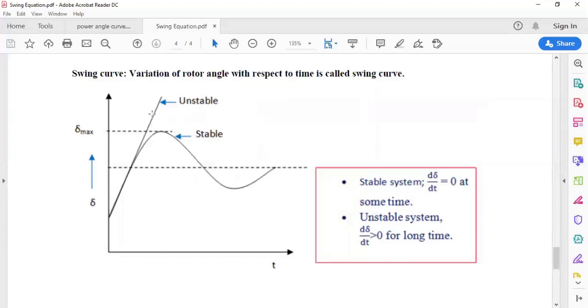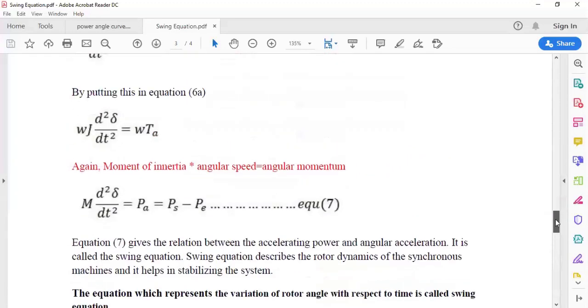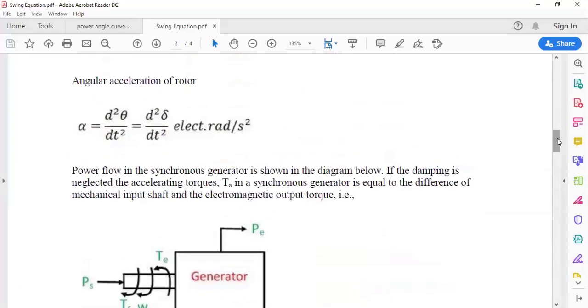But in this other case, the system will not be stable. Why? Because if you see this curve, as we increase the time, delta keeps increasing, so it is an unstable system. So whether the system is stable or unstable, we can decide by doing the swing equation.